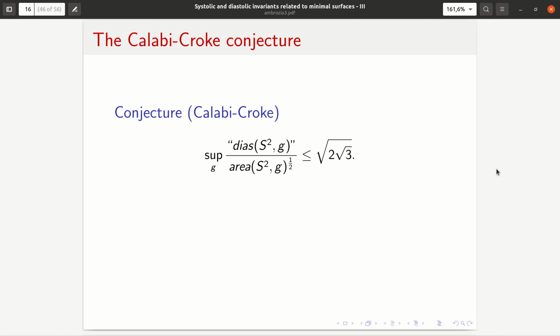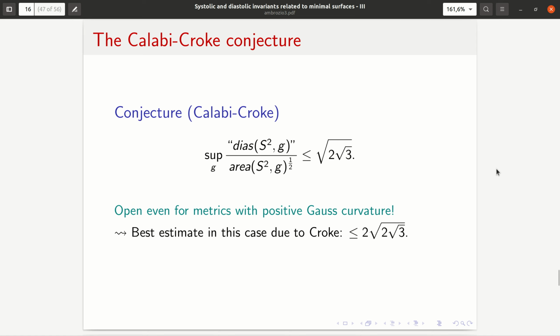The conjecture, known as the Calabi-Croke conjecture, is that the supremum of the diastole of two-spheres normalized by the square root of the area is at most this number, square root of 2 times the fourth root of 3. This conjecture is open even for metrics with positive Gaussian curvature. So in the situation of Treibergs' statement, we still don't know the best upper bound. But we do know this estimate by Croke, which is twice the number that he conjectured.